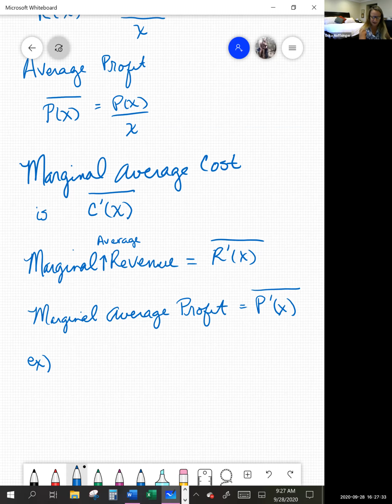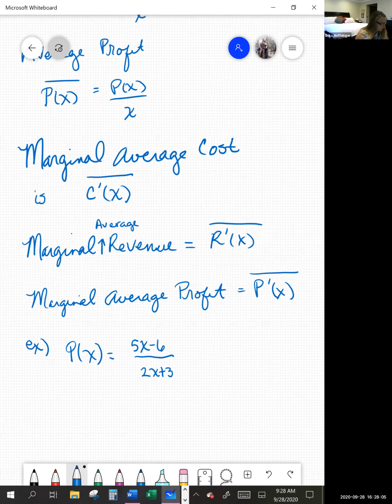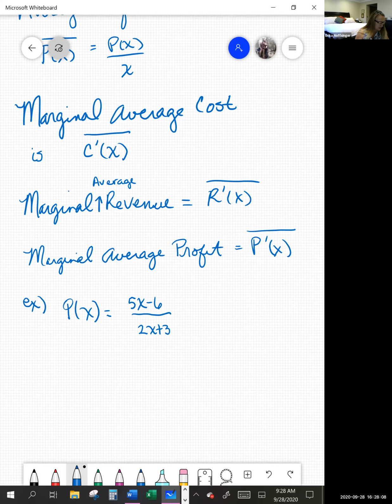P of X is given as 5x minus 6 all over 2x plus 3. And the average profit from each sales level. And then it says find the marginal average profit. And then is this a reasonable function for profit? Why or why not?